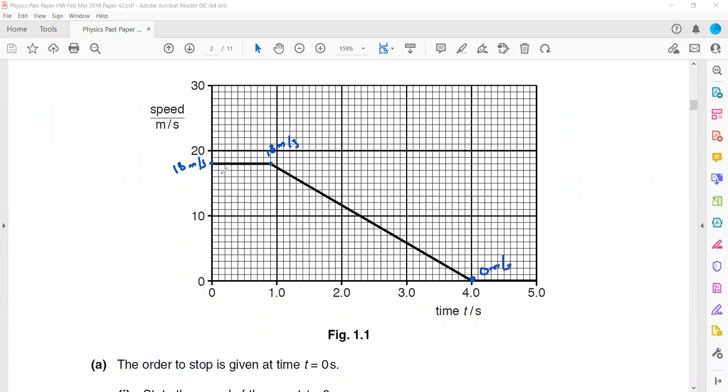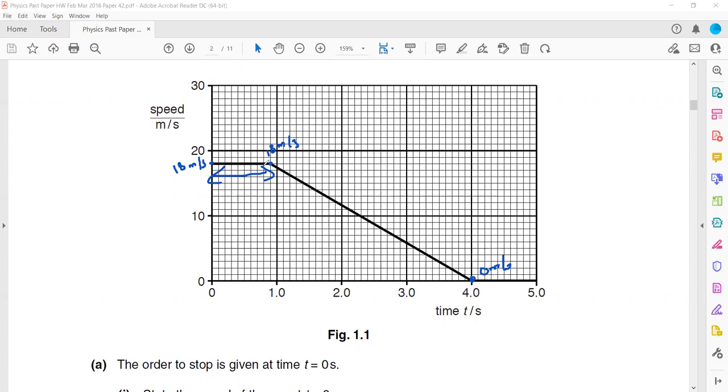So what is the reason why, even though the instructor gave the order to stop, the driver did not stop? The reason is the reaction time. As human beings, we take time to react to the instruction. It's not like if someone says stop the car, you immediately stop the car.